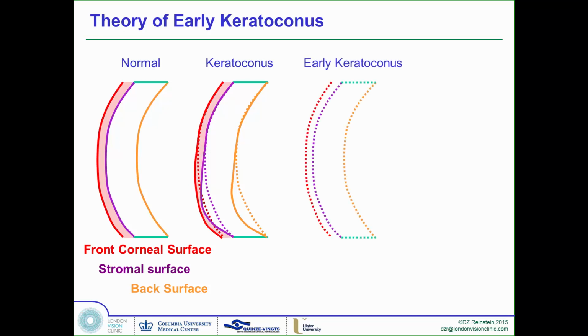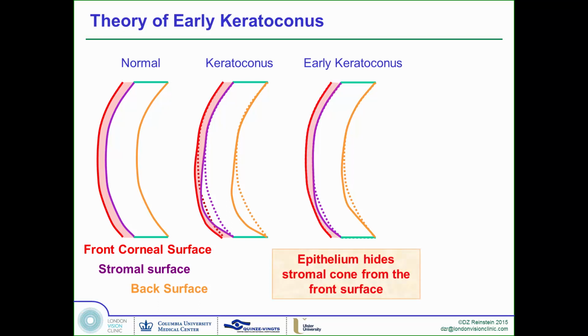But at an earlier stage, the stromal change is going to occur to a degree that is masked by the epithelium. So the epithelium is able to absorb all of the anterior stromal surface change. And therefore the stromal surface topography is masked by Placido anterior surface topography or any other anterior surface topography, and therefore only the back surface would indicate whether there was a keratoconic process going on.